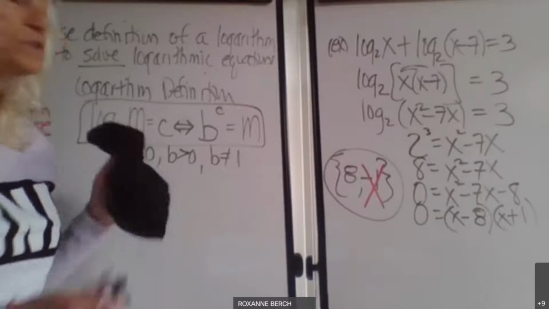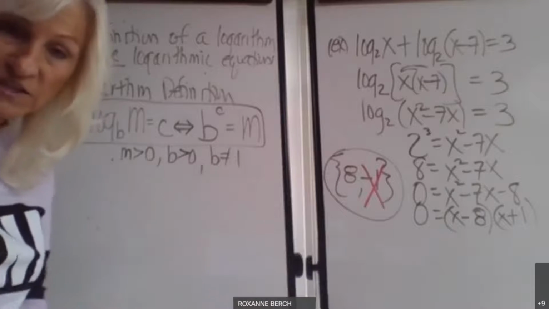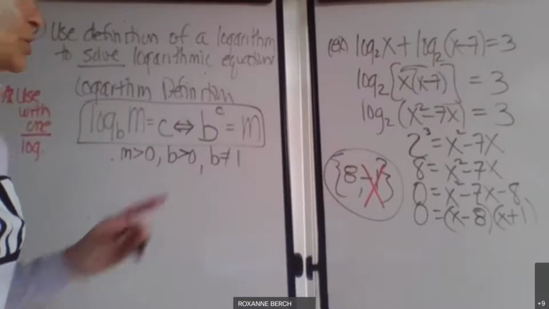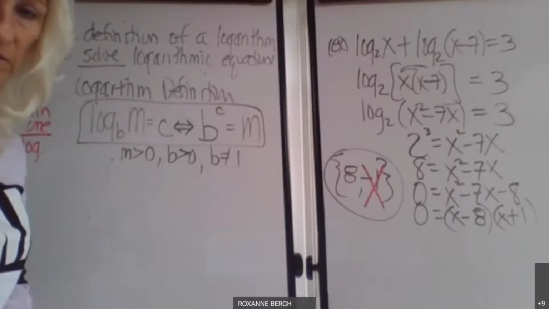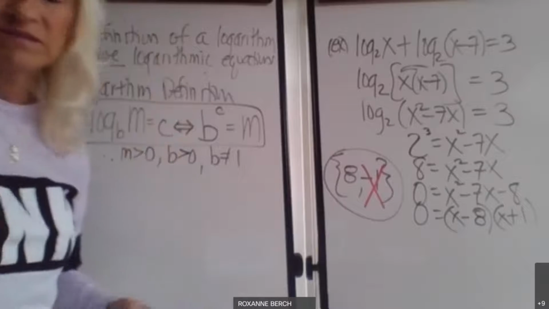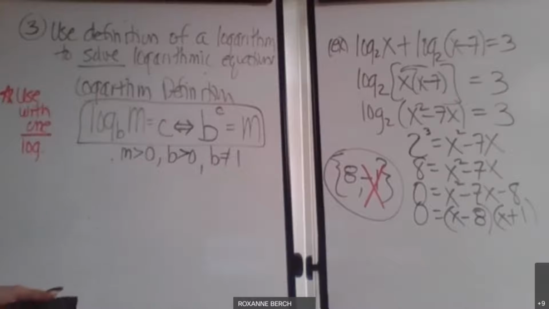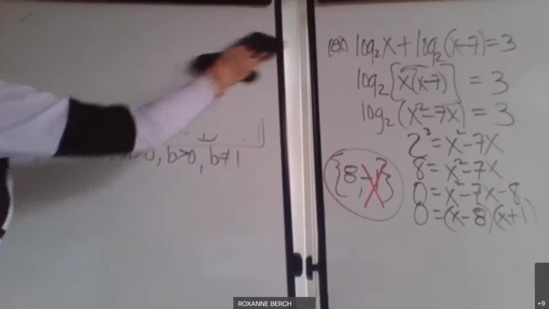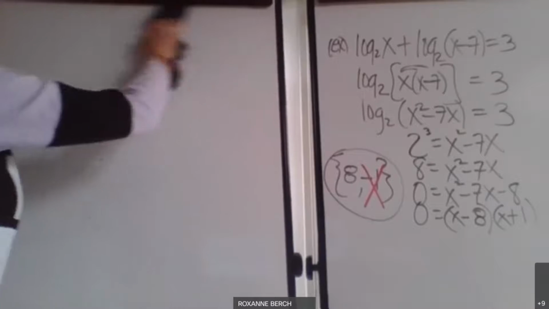Okay, so this is what you do when you're solving logarithmic equations. You get one log. So what if you can't get one log? So what do we do if we can't get one log?